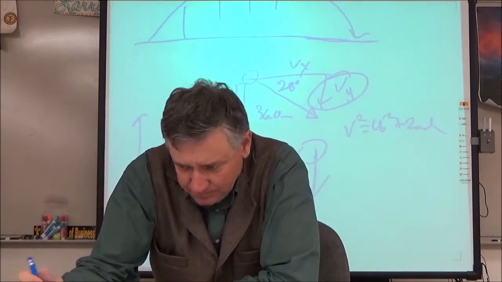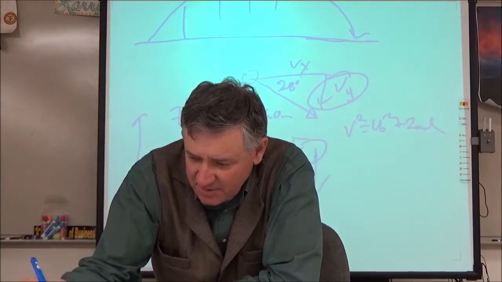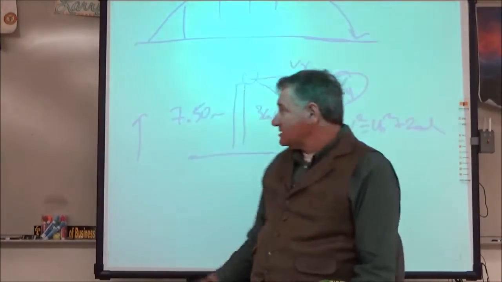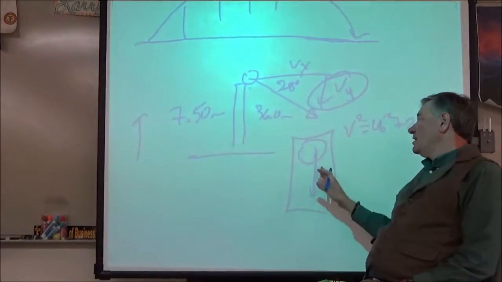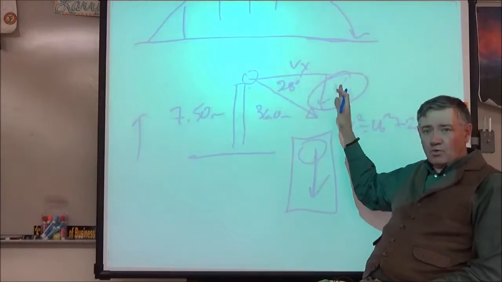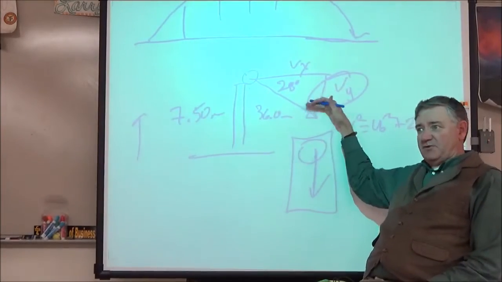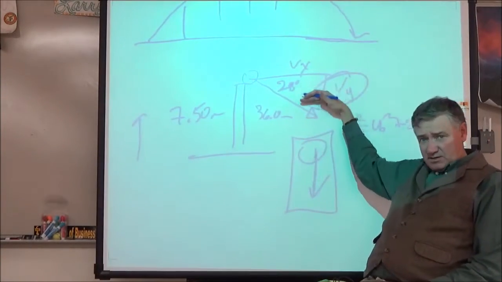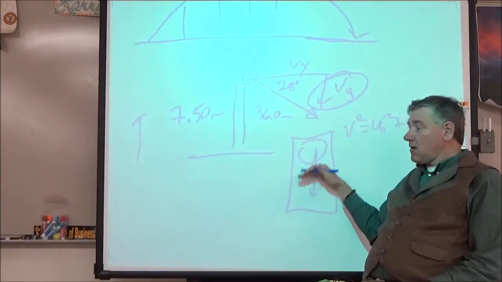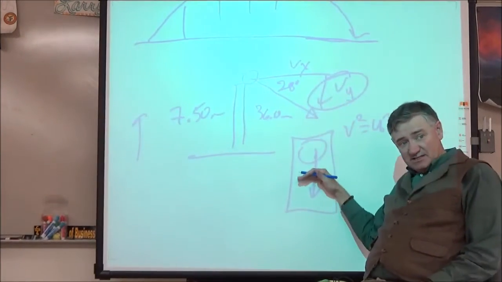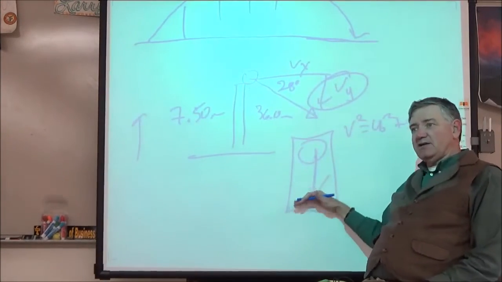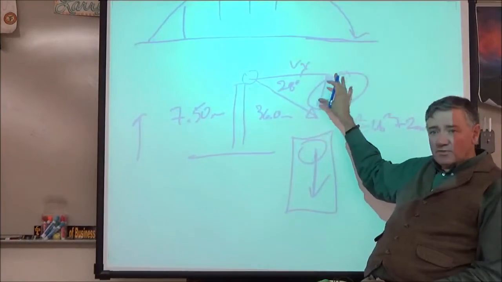Kelsey, to her credit, realized she did something wrong, because she got a velocity here that was less than what it was up there. But it's already moving and accelerating, which makes it speed up, so this velocity has to be bigger than what it was up there.